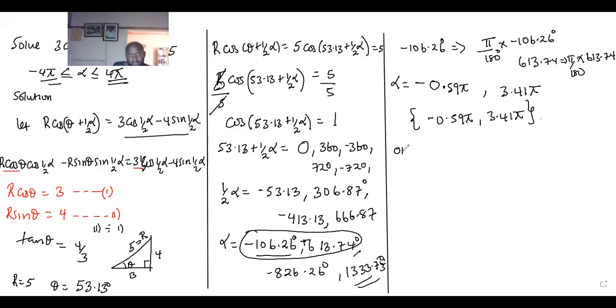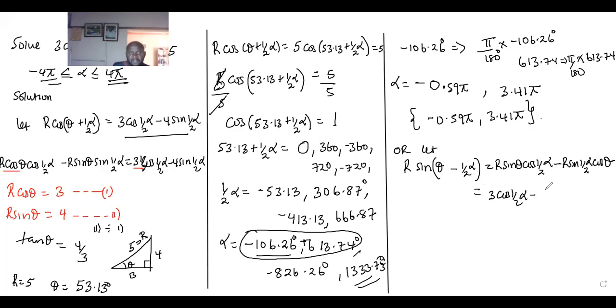Someone could have said, let r sine theta minus a half alpha. This would be r sine theta cos a half alpha minus r sine a half alpha cos of theta. Then this will be in line with 3 cos a half alpha minus 4 sine a half alpha.